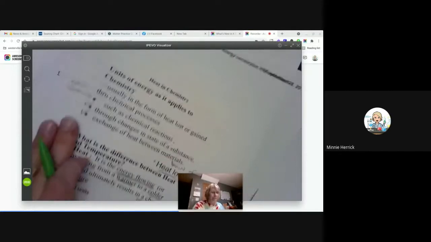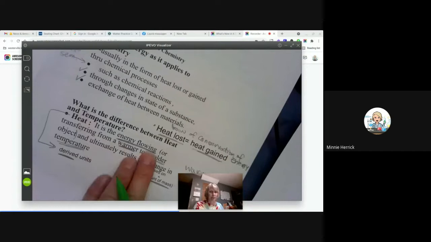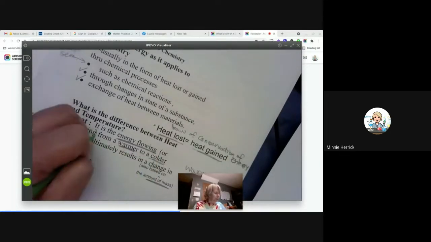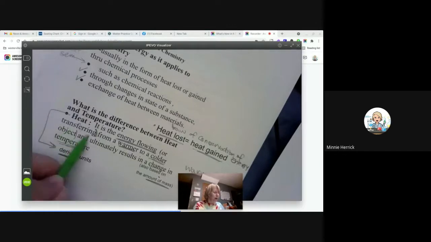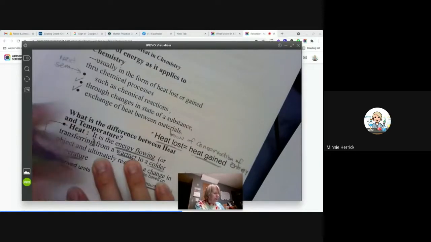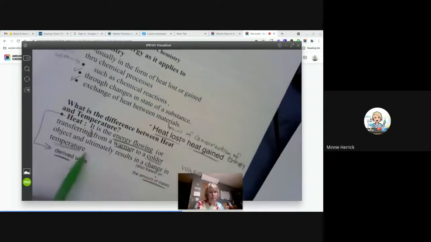Now, heat is this energy flowing or transferring from a warmer to a colder object. Let's put parentheses there. So it's flowing or transferring from warmer to colder, and ultimately usually results in a change in temperature. It's also based on the amount of mass, and heat is a derived unit.